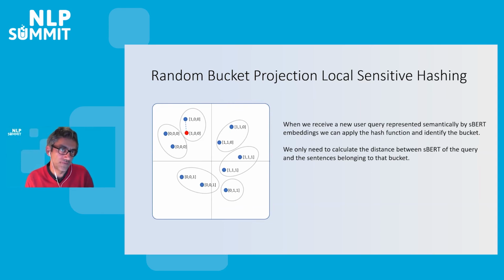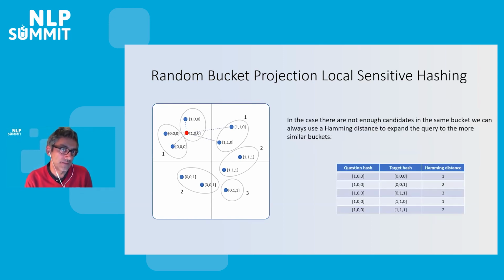Of course, if the user makes a query and the bucket of that query doesn't have enough examples of other sentences, you can always expand the query to other close buckets. And calculating the closer buckets is very efficient, because you can basically apply this Hamming distance, where you say, okay, between this bucket here of 1, 0, 0 and this bucket here represented by 0, 0, 0, how many bits of information are different?